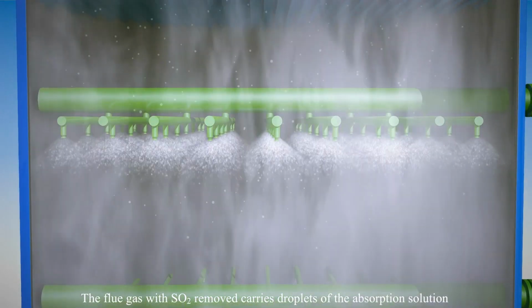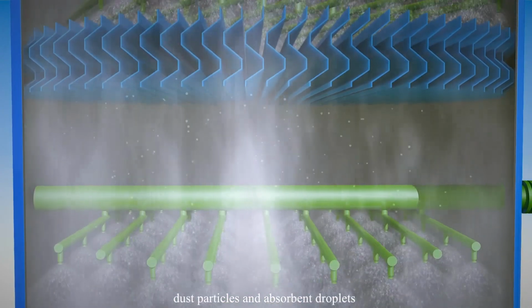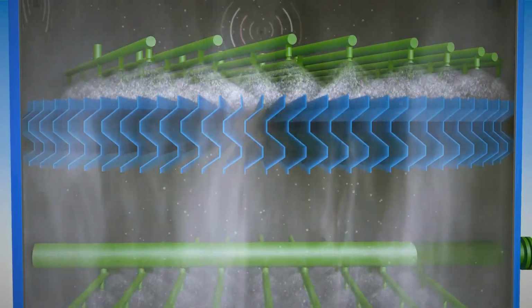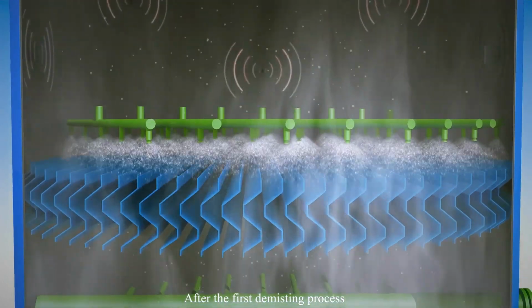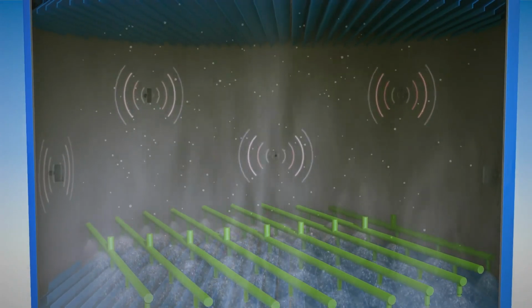The flue gas with sulfur dioxide removed carries droplets of the absorption solution, dust particles, and absorbent droplets. After the first demisting process, the flue gas enters the ultrasound-enhanced particulate control device.